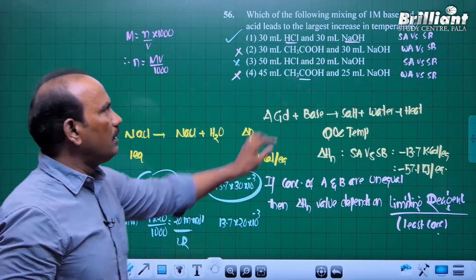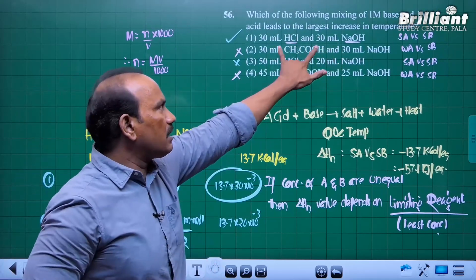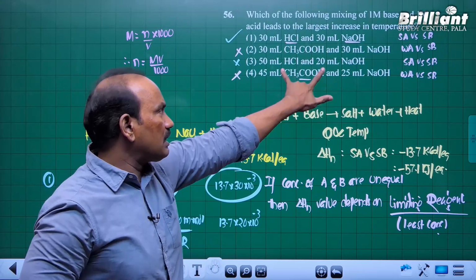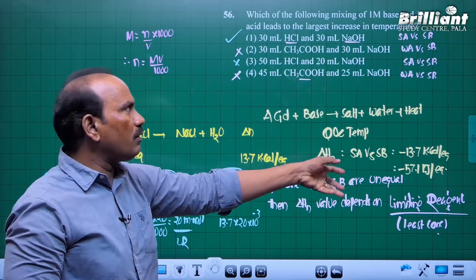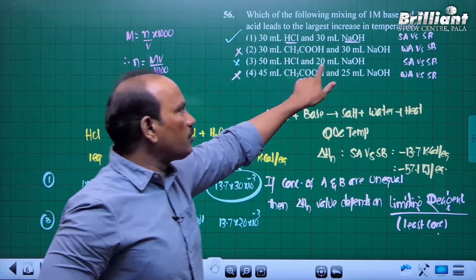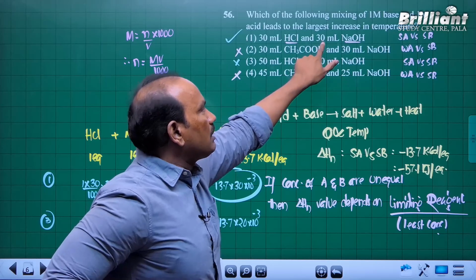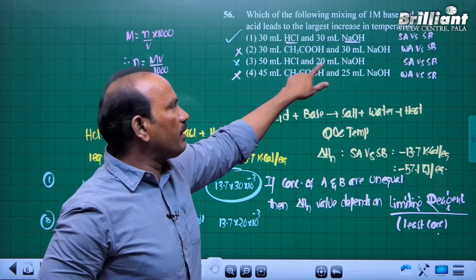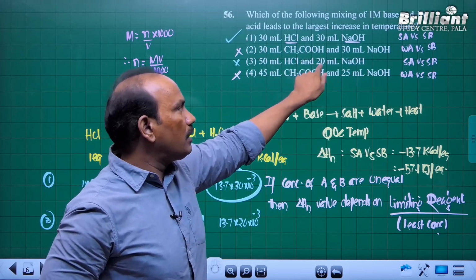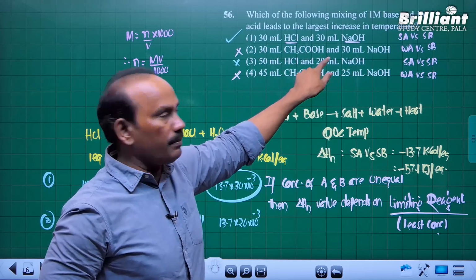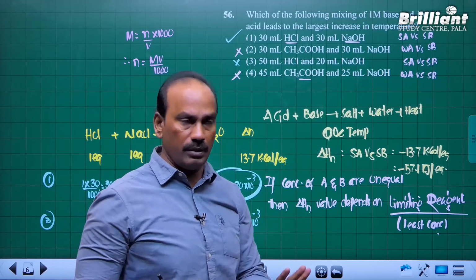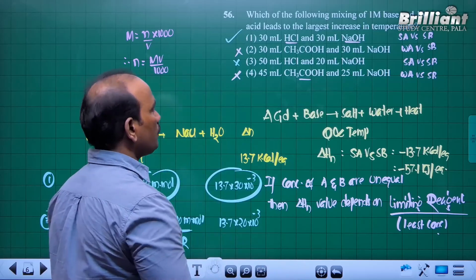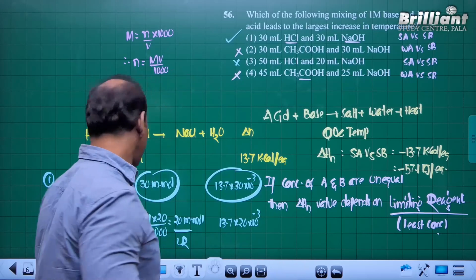If acid concentrations are the same, it is okay. If concentrations are unequal, the least value is considered, that is the limiting reagent. This value is 20, this is 30. So among 30, 30, 50, 20, the limiting reagent is 20, so we consider 20 millimoles. Okay? Option 1. Got the point?